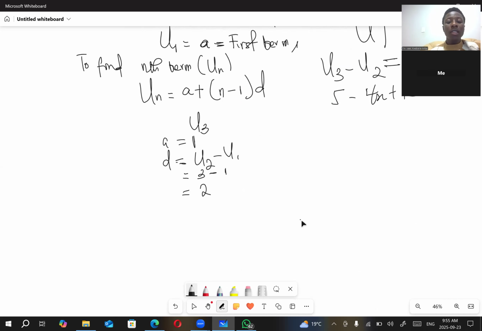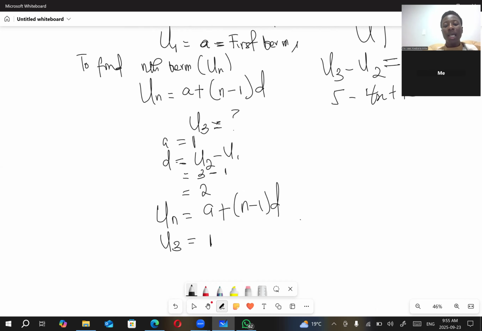So now the question says find U3. It's there, but we're acting like we do not know. The third term will be equal to, you write the formula first: A plus (n minus 1)d. Now U3, third term, A, first term is 1. So 1 plus (n minus 1)d, where n is 3, third term.